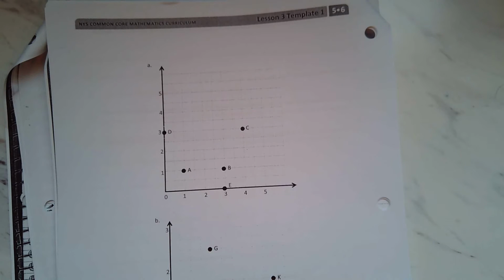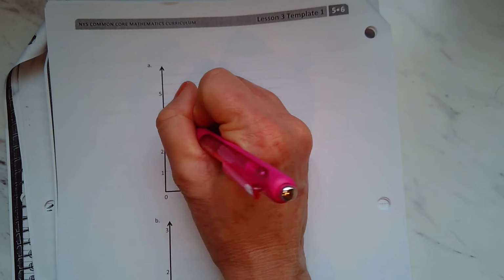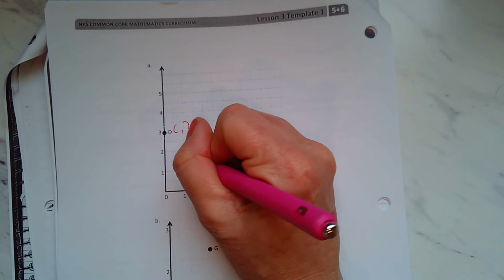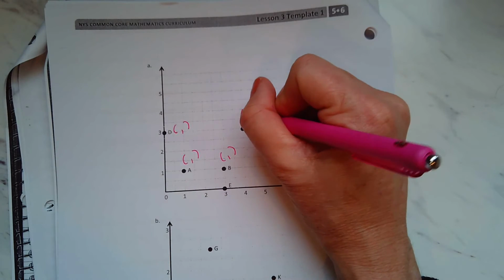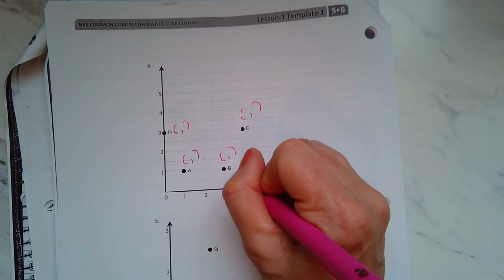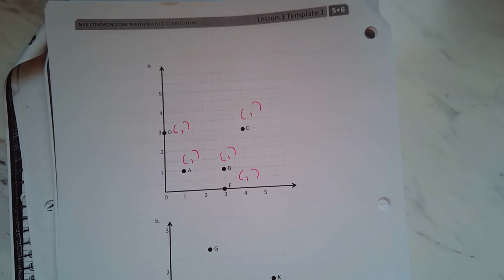All right, so what we're going to do here is we're going to write the coordinate pairs for each of these points on the coordinate system. So let's see if you can go through and name the coordinate pairs in each of these coordinate systems. Go ahead and try and come on back and check your work.